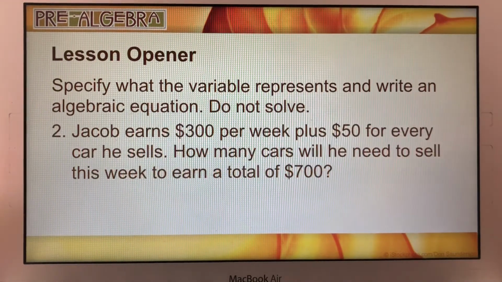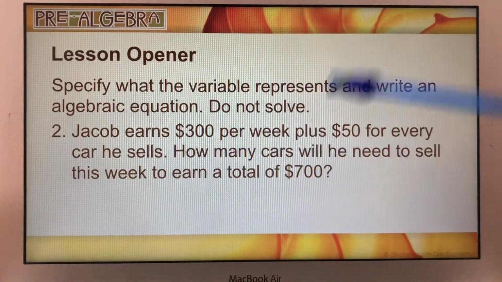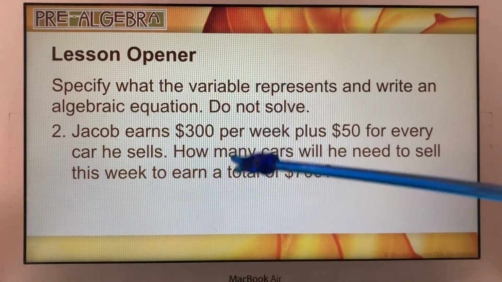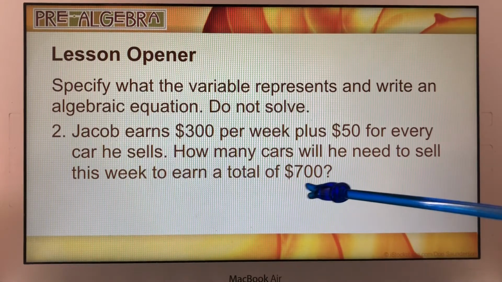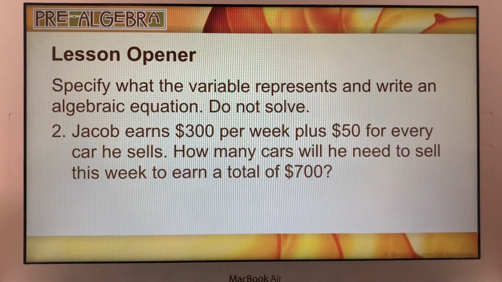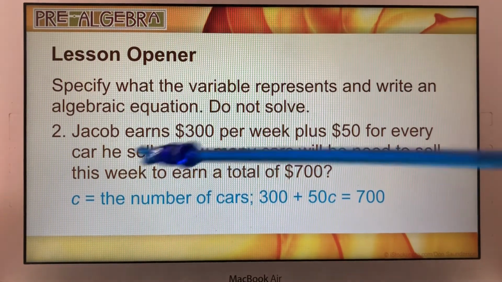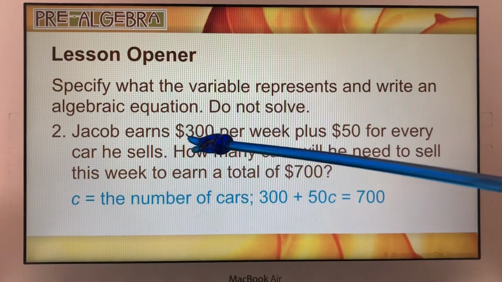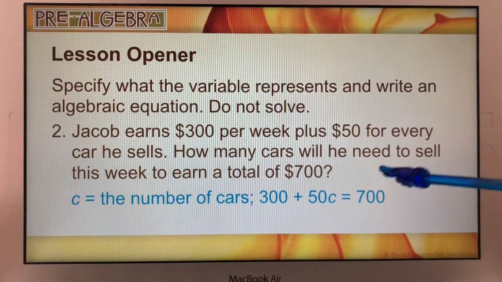All right, now the next one, it says Jacob earns $300 per week plus $50 for every car that he sells. How many cars will he need to sell this week to earn a total of $700? So, what are we going to define as our variable? We could say C is the number of cars, and he's earning $300 plus $50 for every car he sells.